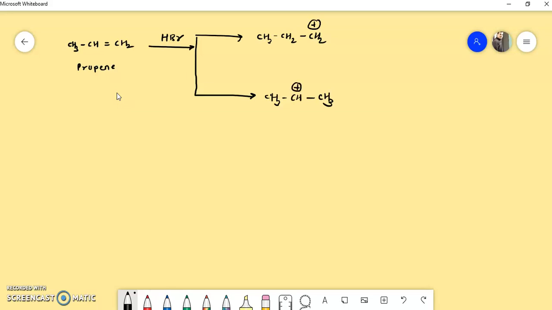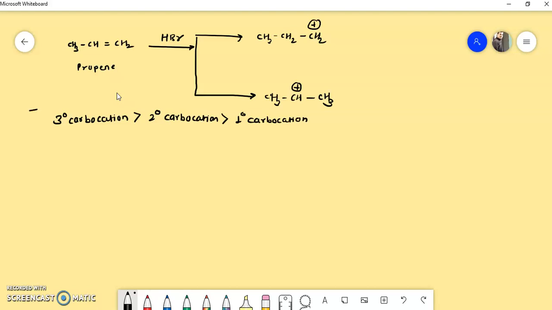And what we know is that a tertiary carbocation is more stable than a secondary carbocation, which is more stable than a primary carbocation.